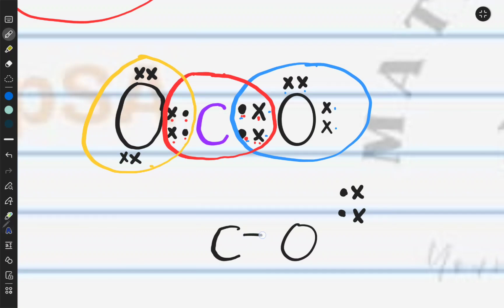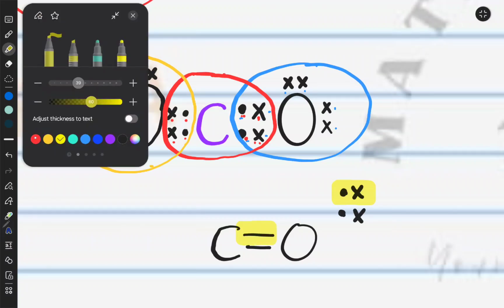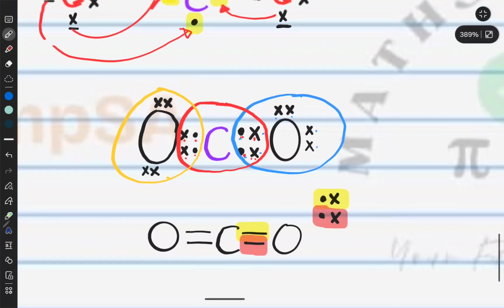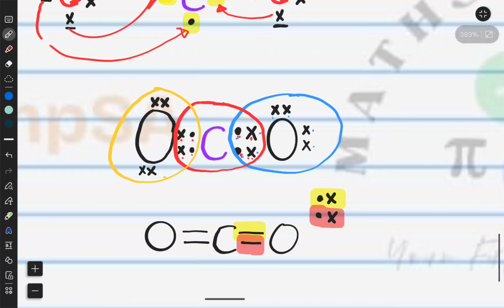So we have to use 2 lines, one for the top and one for the bottom. So one for that and the other one for this. So that's why we have 2 lines basically. So the same thing will happen this side, 1, 2, right? So this is how they create those lines that you see in between central atoms and the other atoms that they are bonding to.